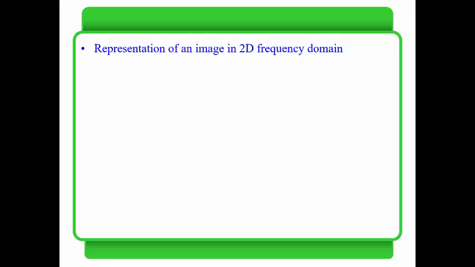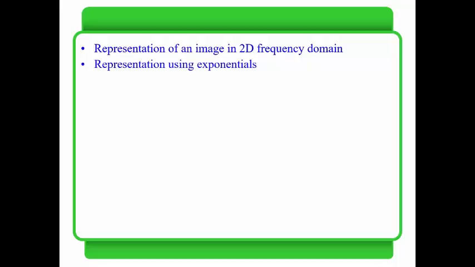But when we talk about an image in the spatial domain, it is already a two-dimensional image. I have the horizontal dimension and the vertical dimension. The Fourier transform of this image will have two dimensions as well, giving me the frequency variations in the horizontal direction and the frequency variations in the vertical direction. So here I have a 2D frequency domain.